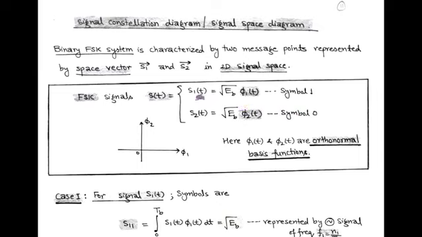Therefore, the binary frequency shift keying system is characterized by two message points in two-dimensional signal space, represented by space vectors S1 and S2 with respect to symbol 1 and symbol 0 respectively.